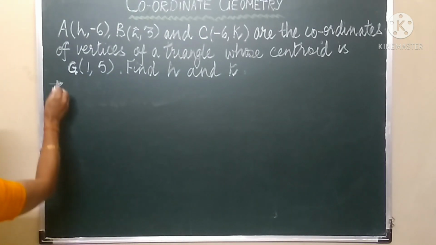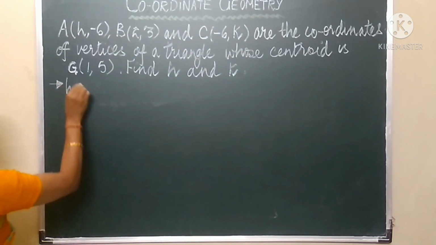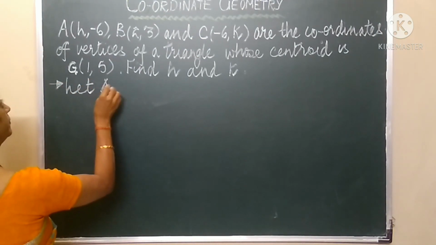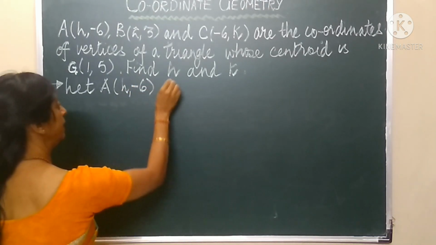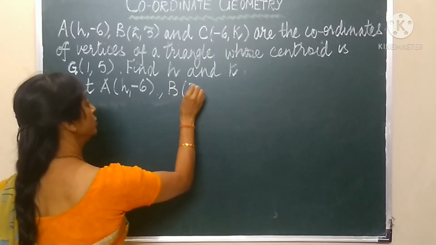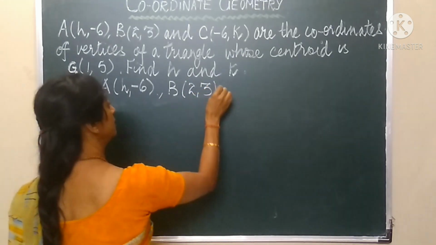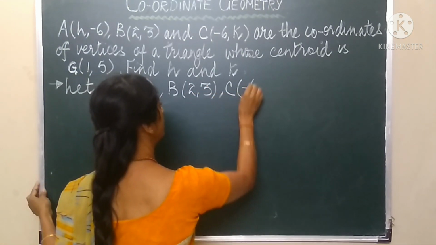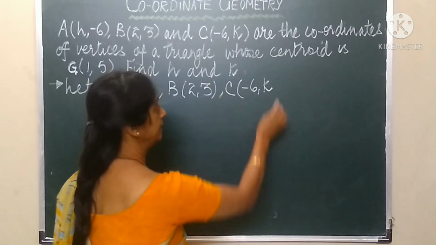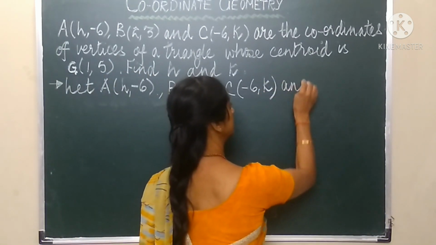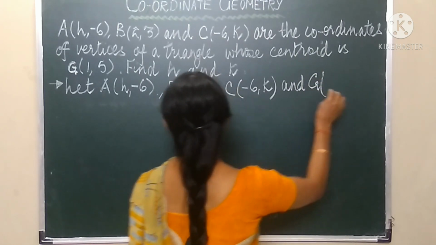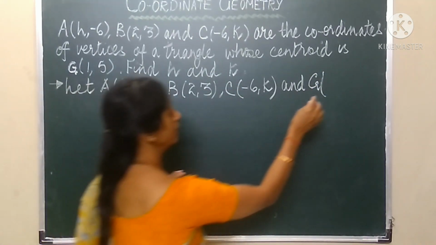So first, let's assume A (h, -6), B (2, 3), C (-6, k) and G with the coordinates (1, 5).